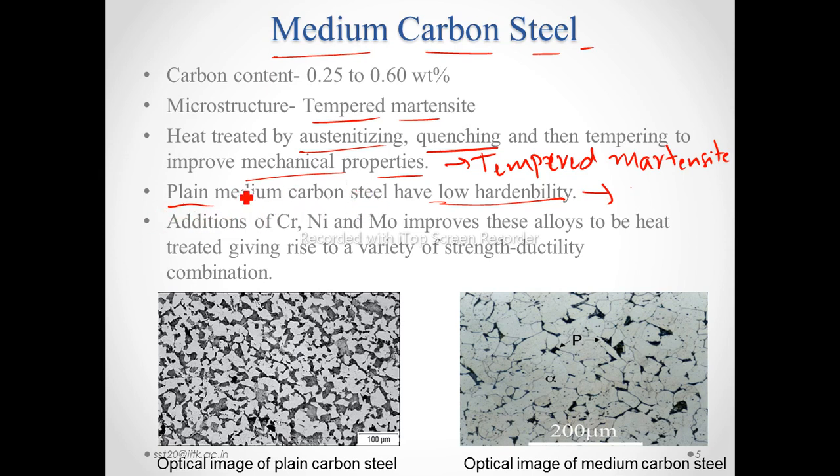Because of this, plain medium carbon steel is alloyed with chromium, nickel, molybdenum and other alloying elements to improve its heat treatment, so that it can increase its hardenability as well as its mechanical properties. So the final point is application.